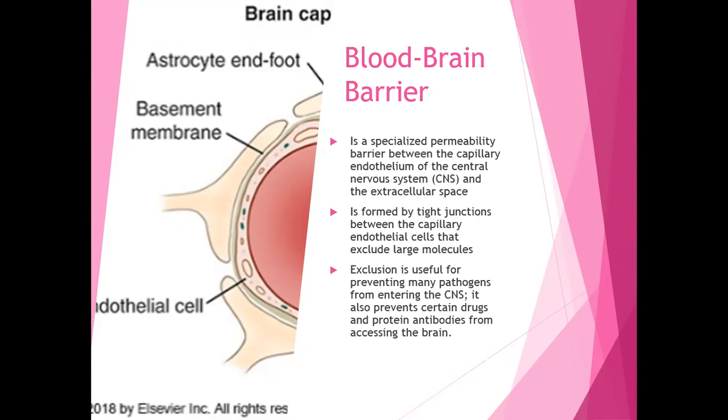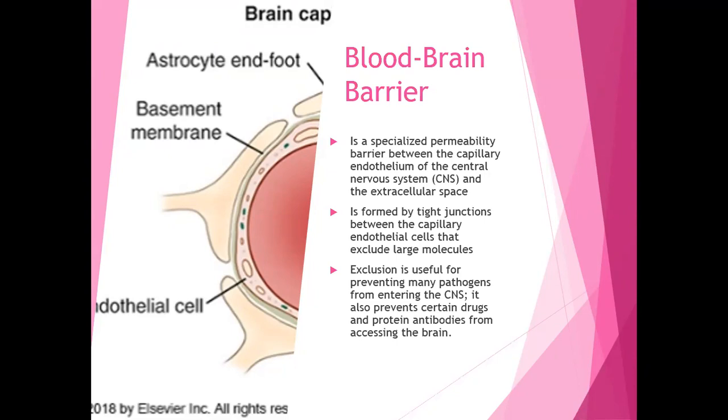In the central nervous system, we have extra tight junctions between the capillary endothelial cells to keep larger molecules from getting into the brain. The exclusion is useful for preventing pathogens from entering the central nervous system. It also prevents certain drugs and protein antibodies from accessing the brain. Remember those antibodies, they're those big immunoglobulin molecules.